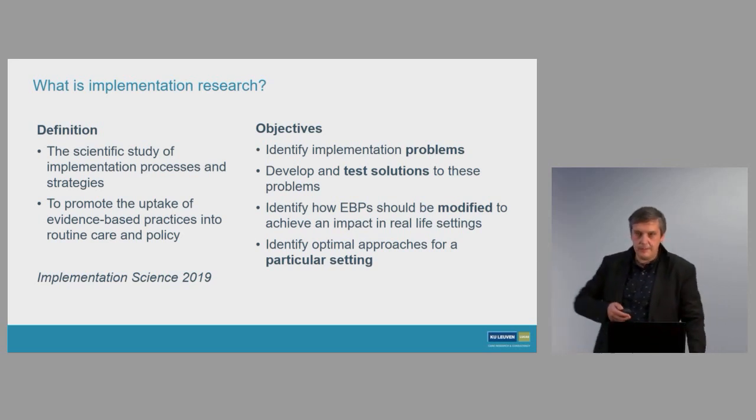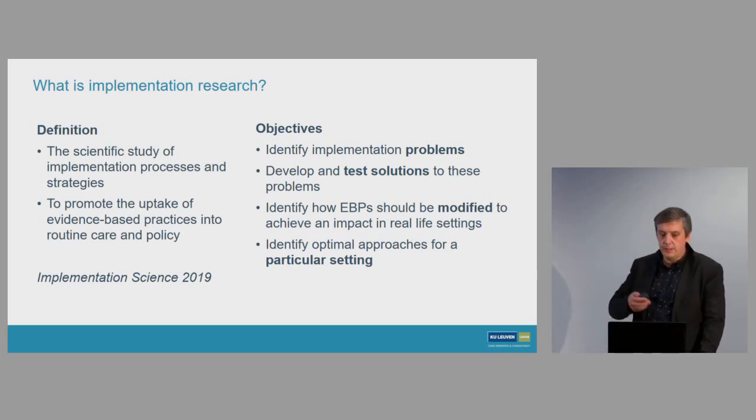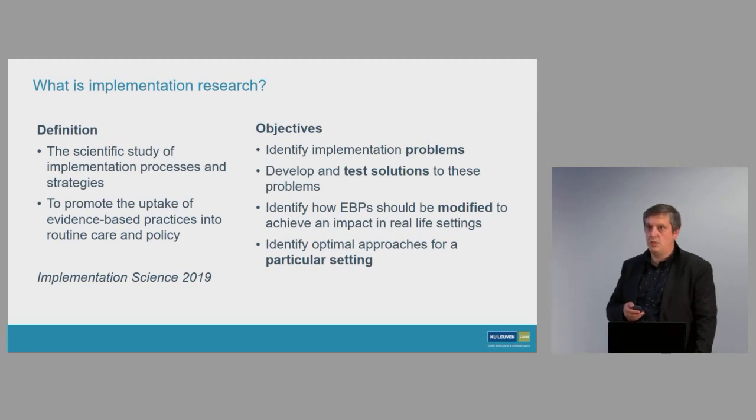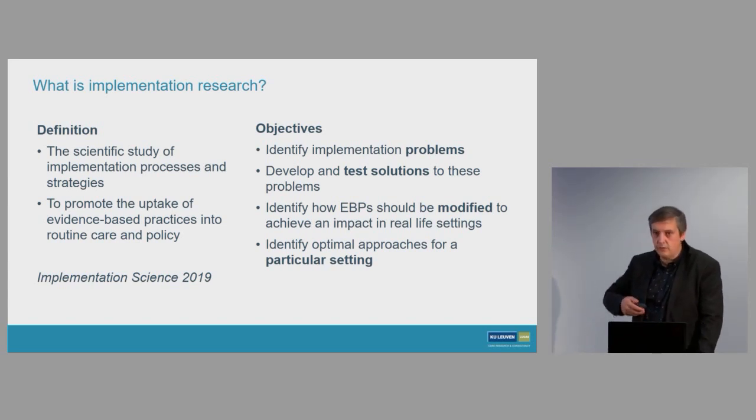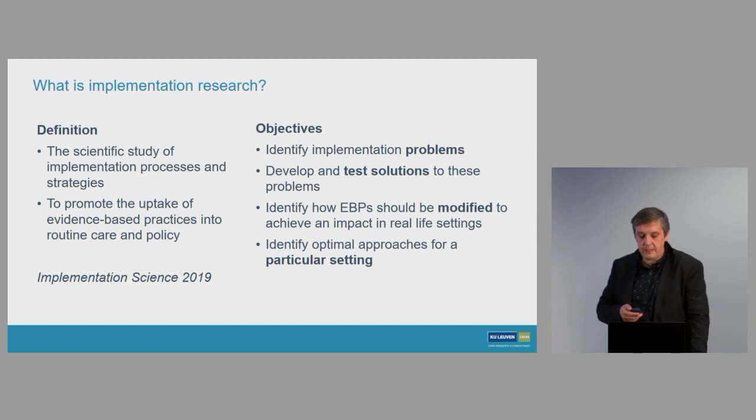Implementation research and implementation science has been growing during the last years, mainly as a solution to many real-world problems, and these real-world problems are related to implementing specific evidence-based programs in real-life settings.